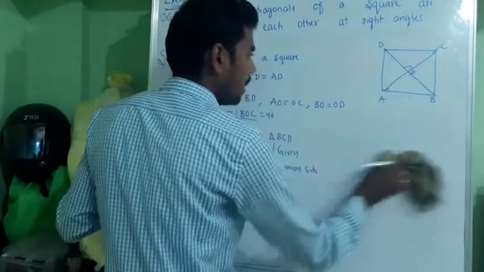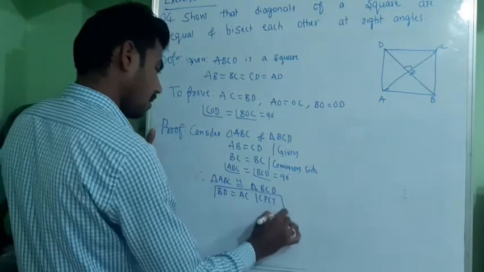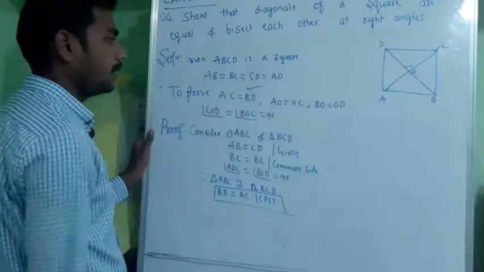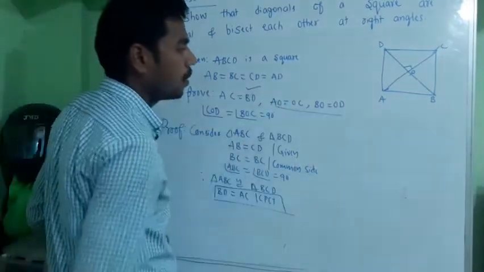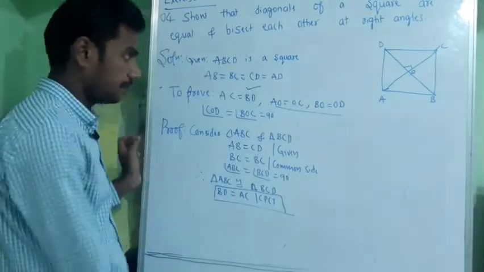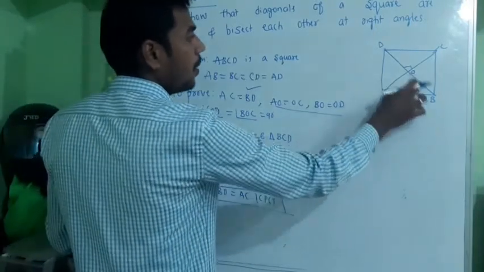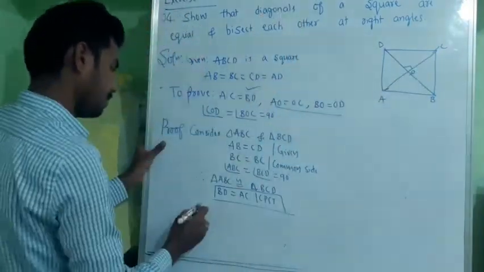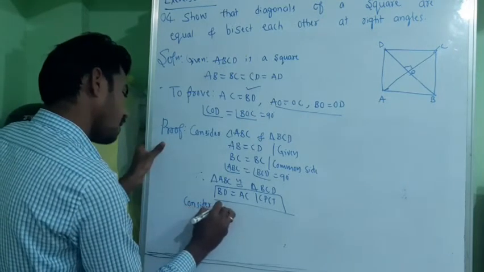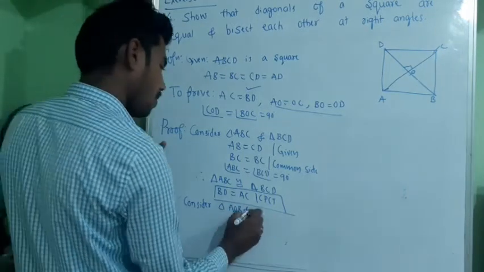One of the parts we were able to prove, that is, diagonals are equal. So this is over. Next we need to prove this: AO is equal to OC, BO is equal to OD. So consider triangle AOB and triangle COD.